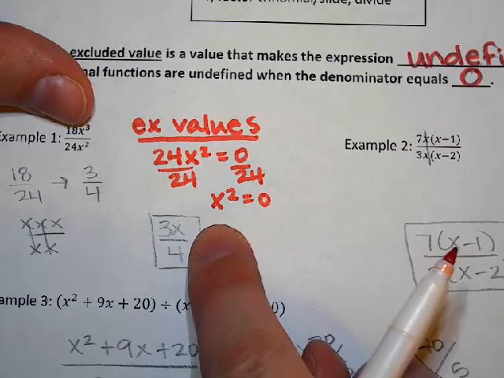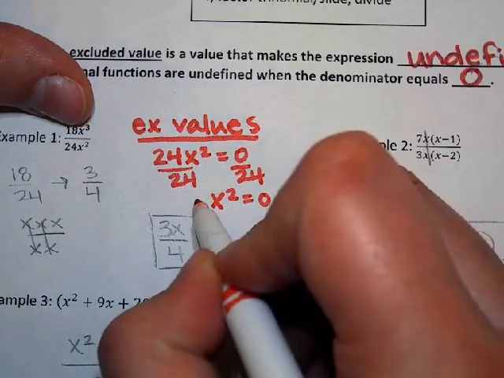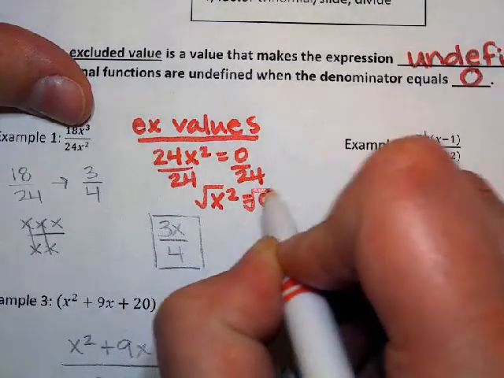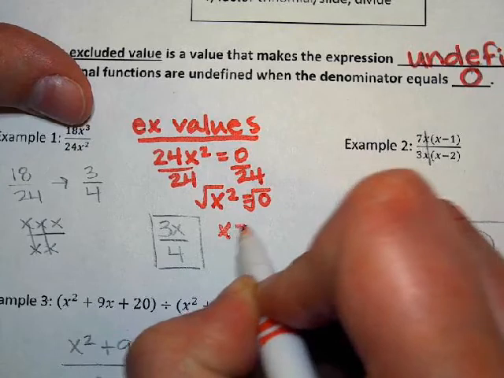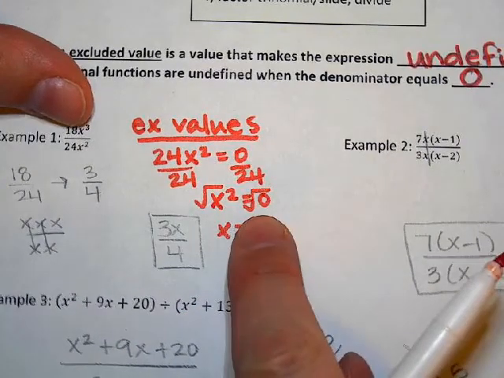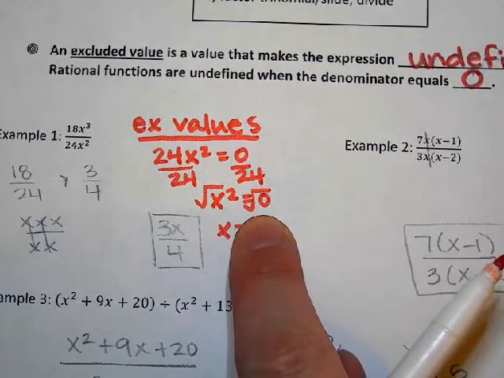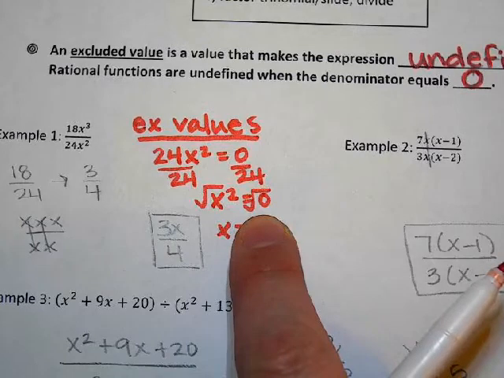Square root it. So x equals, and whenever we square root something, we should always say plus or minus that number. But in this case, we're square rooting 0. And what's the square root of 0? It's just 0. So saying plus or minus here doesn't change anything. So we're going to say x is 0.